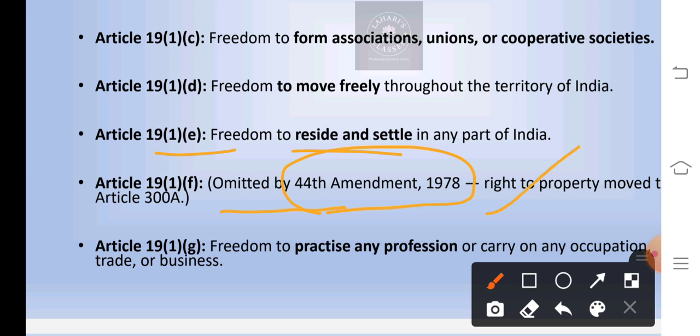After the omission, the right to property has been moved to Article 300A, which made it a legal right from earlier being a constitutional right. So the status of right to property as of now is that it's a legal right but not a constitutional right.